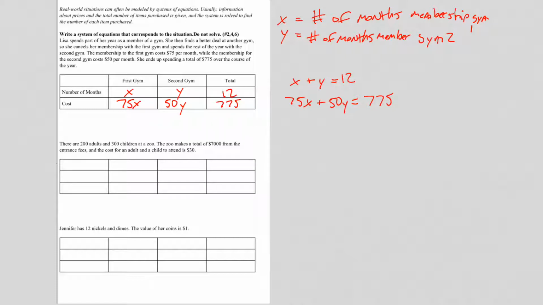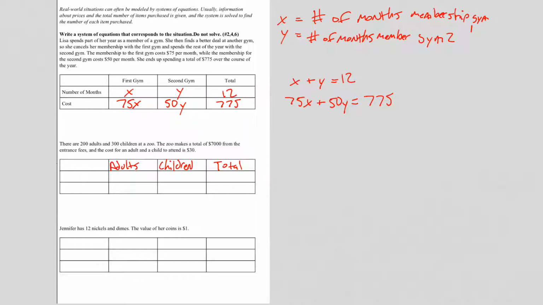Let's take a look at the second example. 200 adults and 300 children. So we have basically adults and children and a total. The zoo makes a total of $7,000 from the entrance fees, and the cost of an adult and a child to attend is $30.